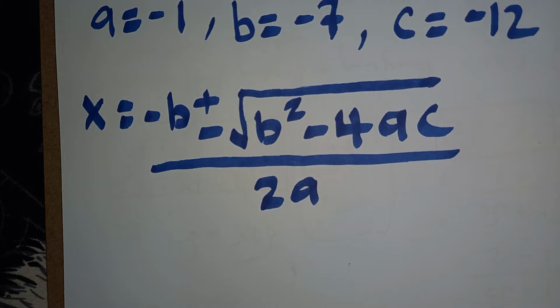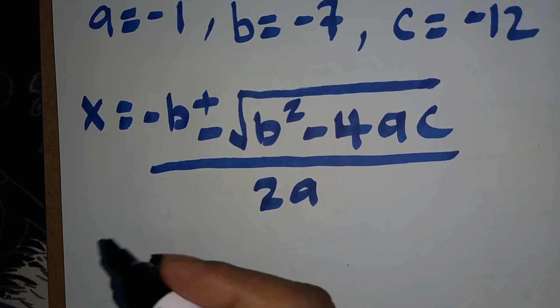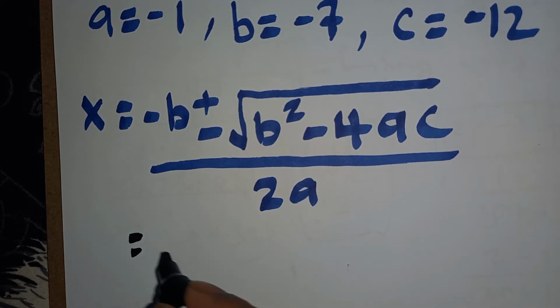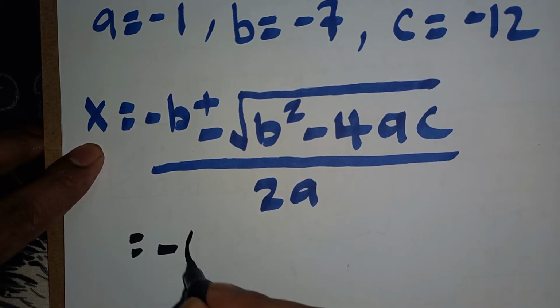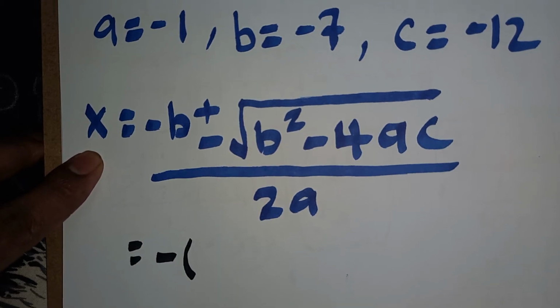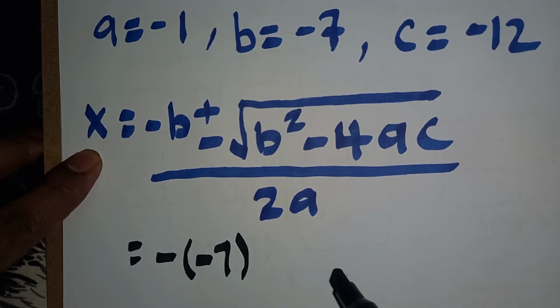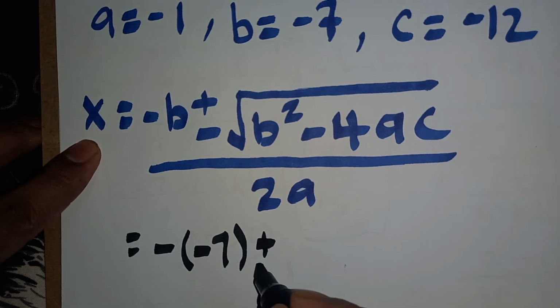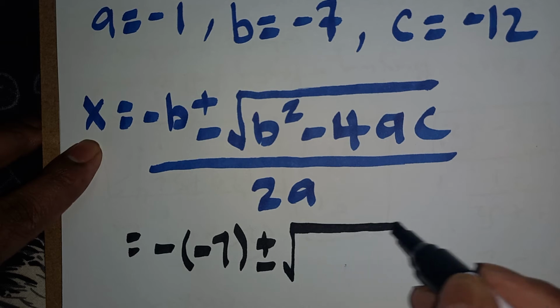Looks like the value of b there is negative 7. So we are going to write that. The minus sign is there, so the minus sign will go there. Then in the place of b, we are going to write negative 7. So that is our value of b. Then we put it in brackets. Then we have a plus and minus according to the formula. Then we have a square root.